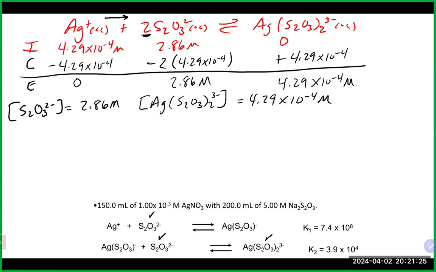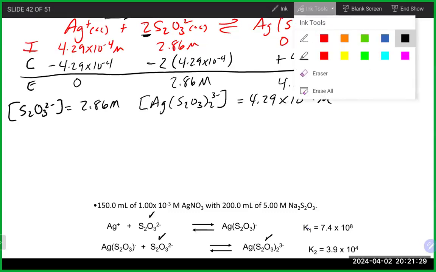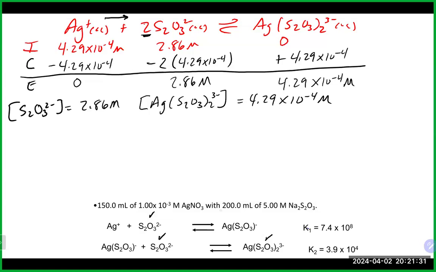There are 2 things that we're still looking to find. We are looking to find the concentration of this guy and also of silver. So it really doesn't matter which one you go for first. But what I'm going to actually do in this case is, since they gave us the stepwise formation here, I'm going to use the individual steps to figure out everybody's concentrations.